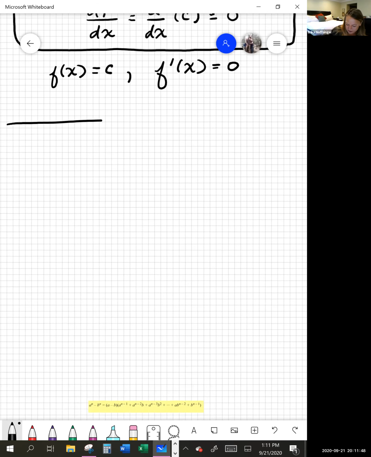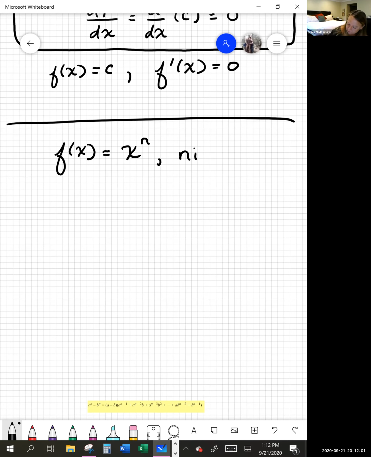If we have some function f of x, and it is in the form of x raised to the nth power, where we're going to say n is a real number, then if we want to take the derivative of this, f prime of x, all we have to do is bring our power down front, n, times our base, which is x, and we're going to subtract 1 from our power, n minus 1.